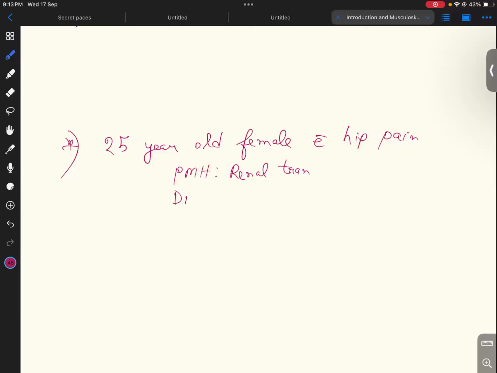And in the drug history, she is taking tacrolimus, mycophenolate mofetil, and also prednisolone. So what is the cause of the pain in this patient? Can anyone reply? Very easy. Avascular necrosis due to prednisolone. Yes, avascular necrosis due to prednisolone.